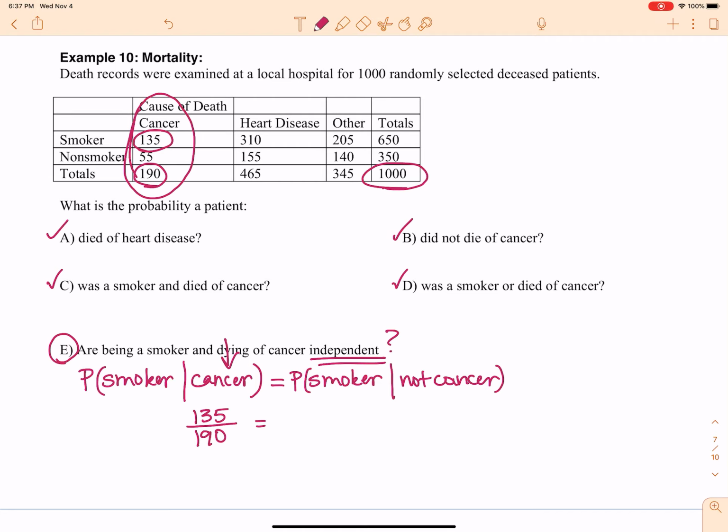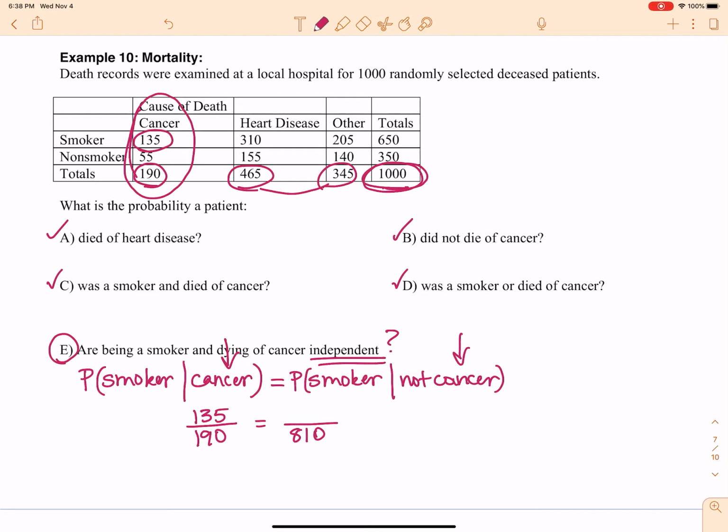So I want to know if this is equal to the probability of being a smoker given you didn't die of cancer. Well, the people who didn't die of cancer died from something else. So that's going to be the 465 and the 345. So that goes in my denominator. Because now these people right here are the ones I'm interested in, not all of them. All right, so out of those 110 values, how many people are smokers?